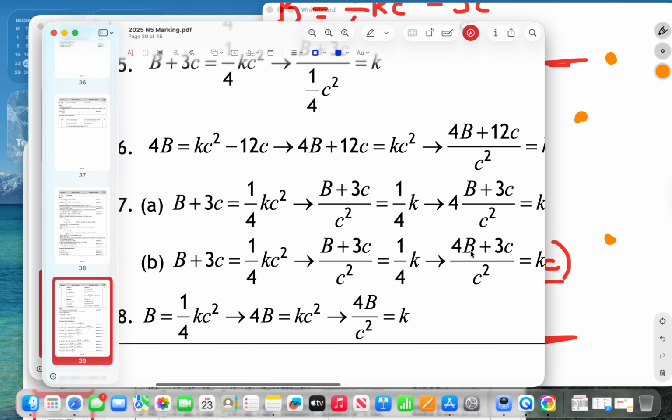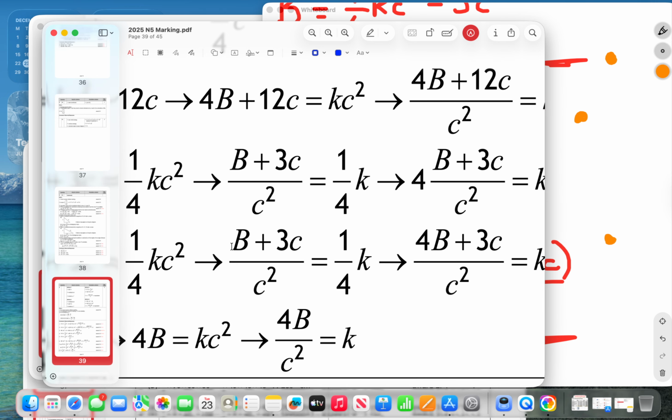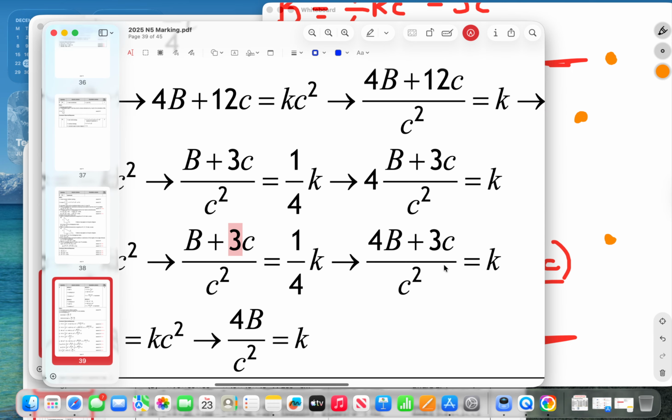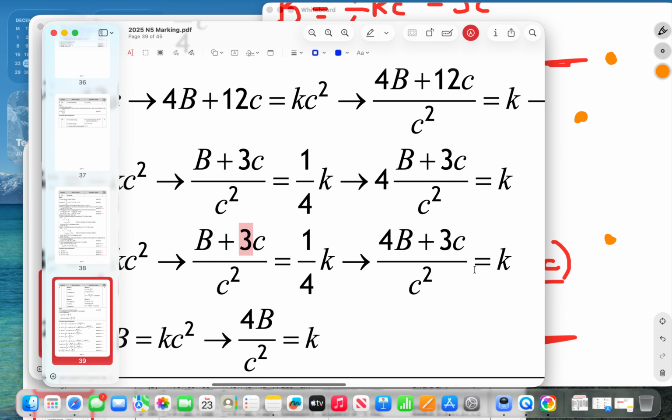And the other mistake that they made in this one is you got b plus 3c over c squared is 1/4 k, but they intended to multiply both sides by 4, and what they should have done is put brackets here, but they didn't, because this means 4b plus 4 times 3, which is 12c.